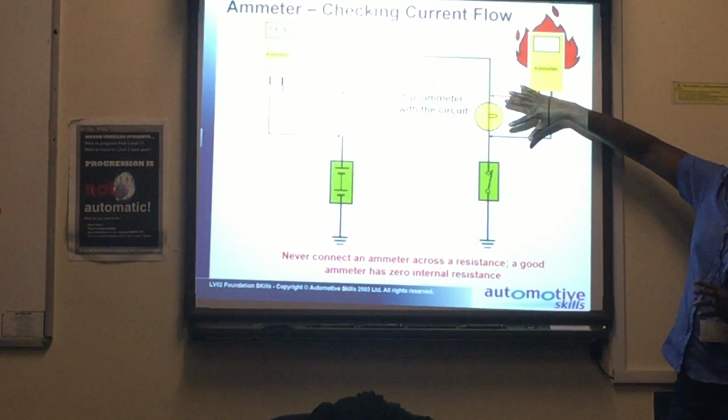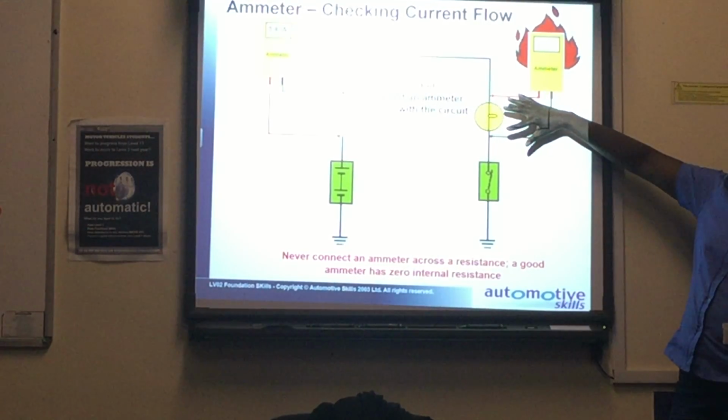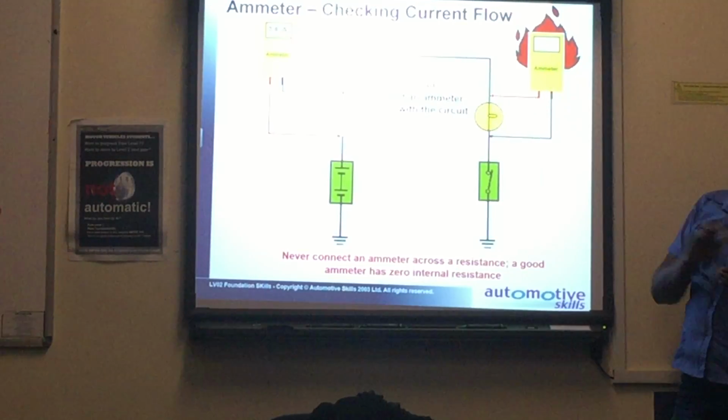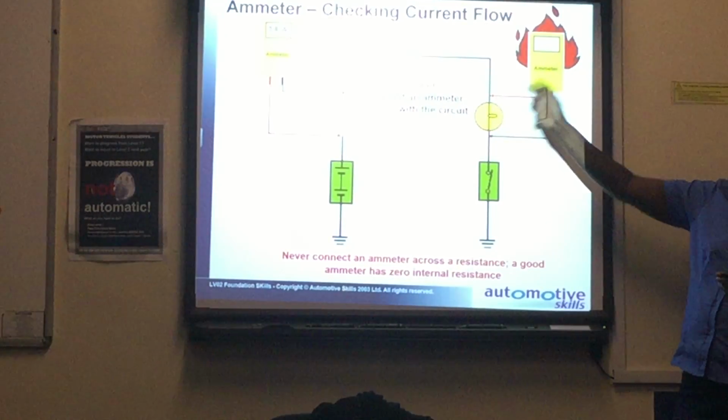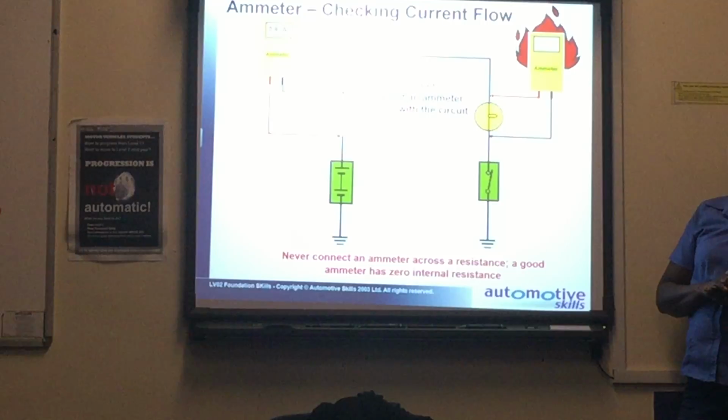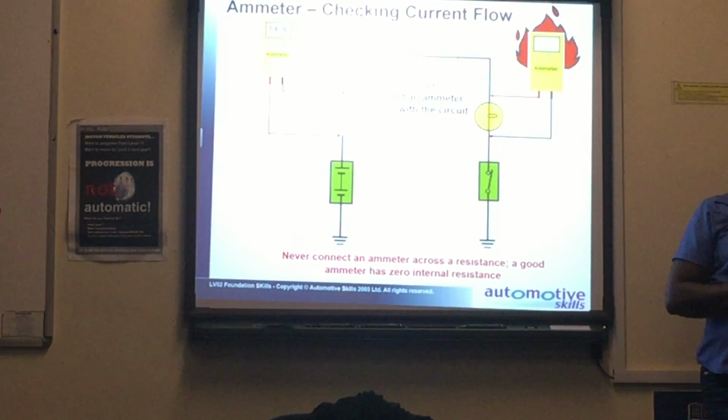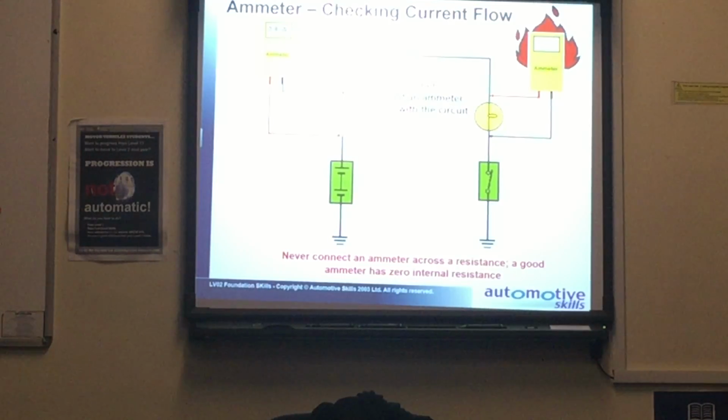Then this ammeter is not in series, it is in parallel. So you blow this, because there's too much resistance there. So never connect an ammeter across a resistance. Break the two wires, then check for current.